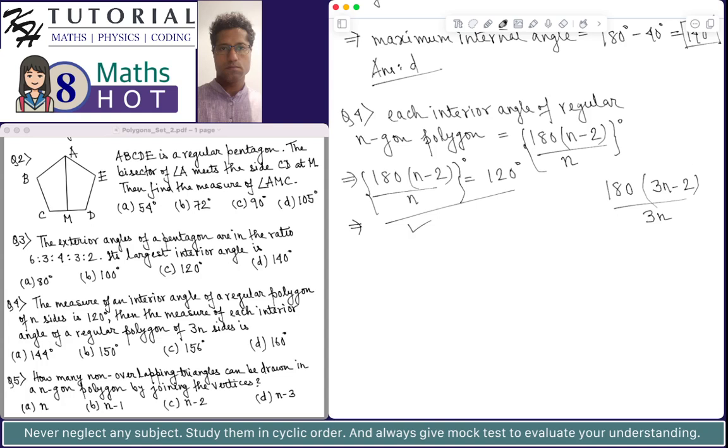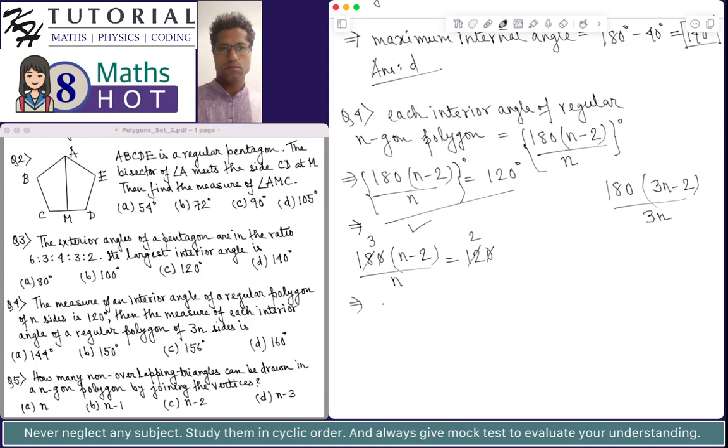Now from this equation, we have 180 multiplied by (n minus 2) divided by n is equal to 120, ignoring the degrees. We can cancel the 0 from both sides, that is, divide both sides by 10. Again we can divide both the LHS and RHS by 6, and we get 3 and 2.